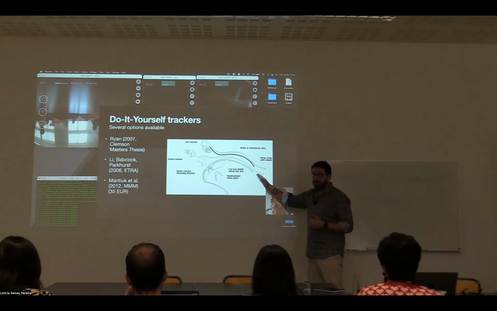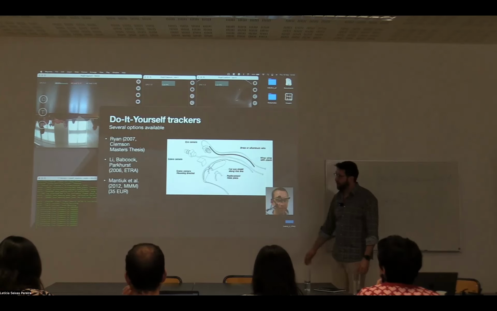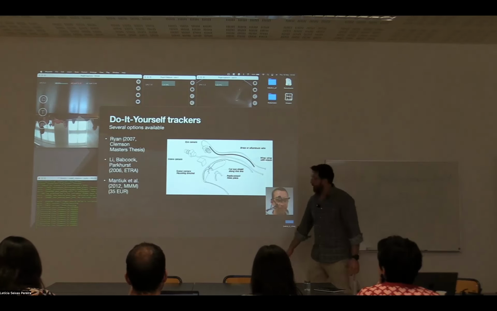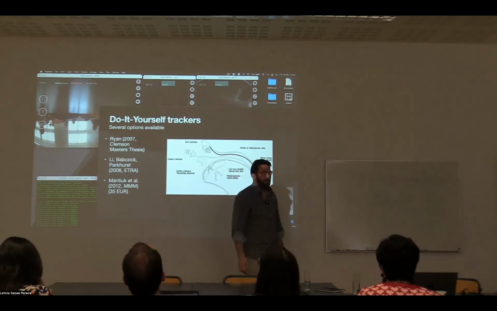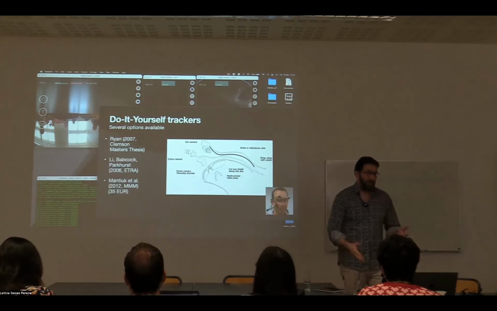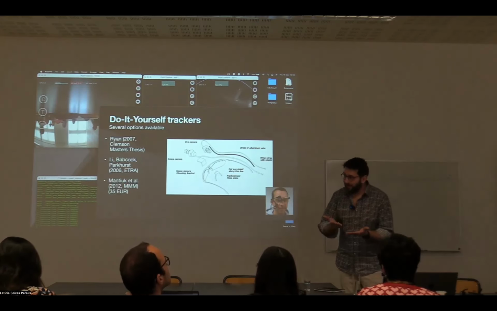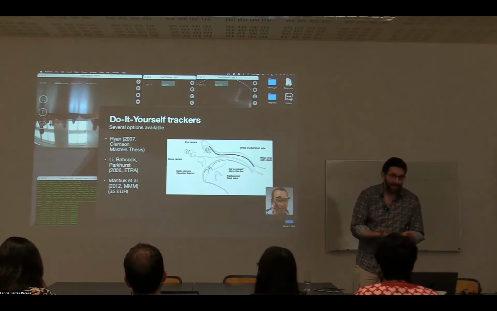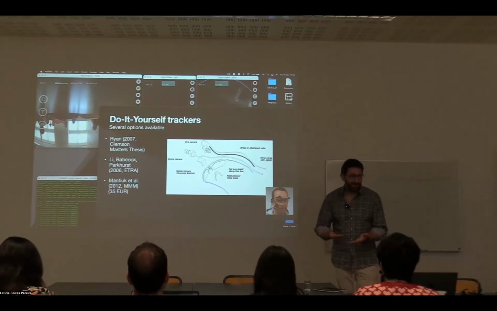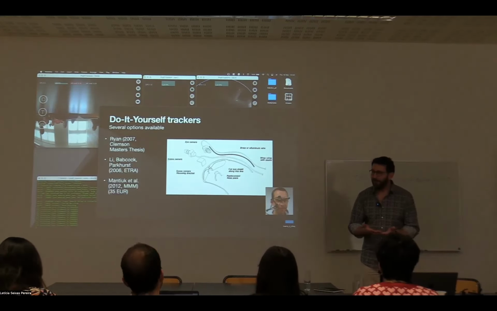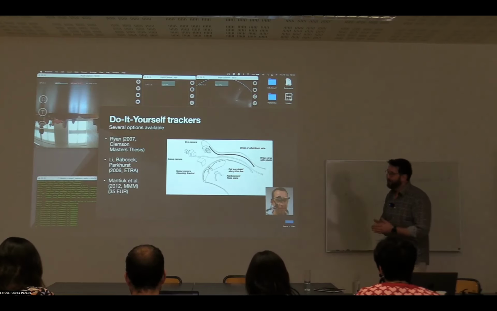Actually, it's such a simple device that you can build it by yourself for a cost like 35 euros. I can really recommend, if you can, Google this Mantube paper. It's an excellent paper, and it's almost like IKEA instructions on how to build the eye tracker from the webcam and photography film, which is a filter for infrared.